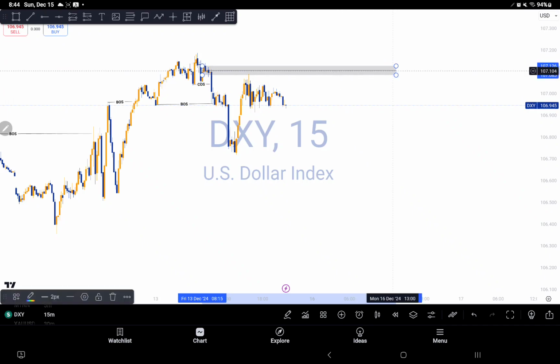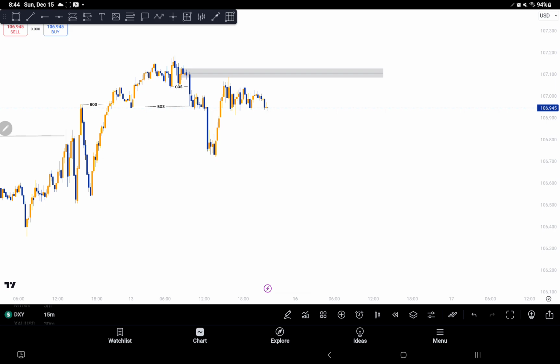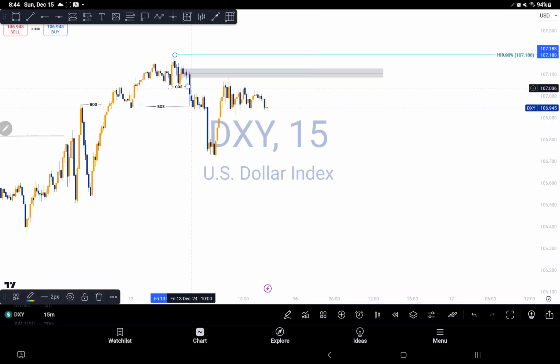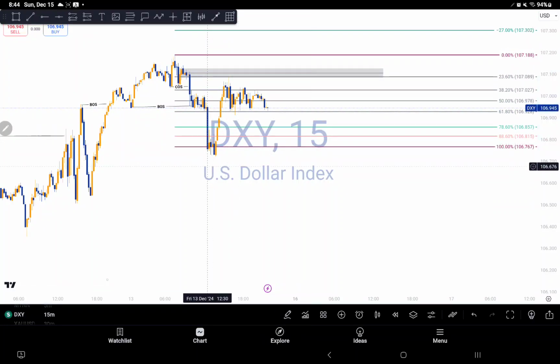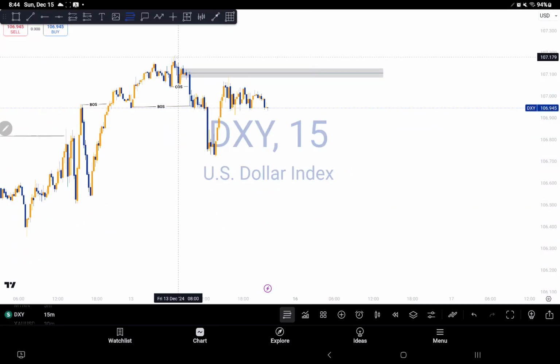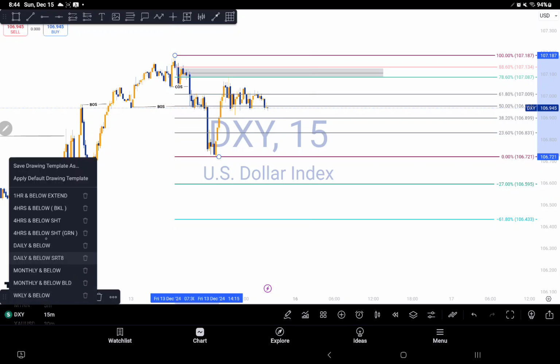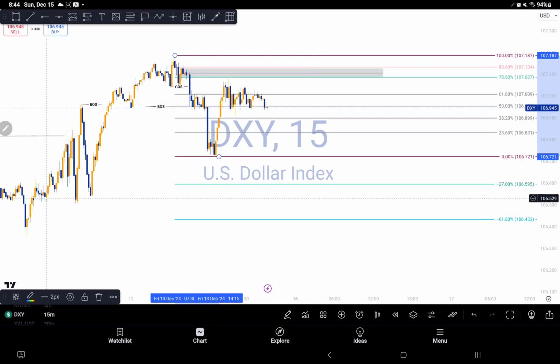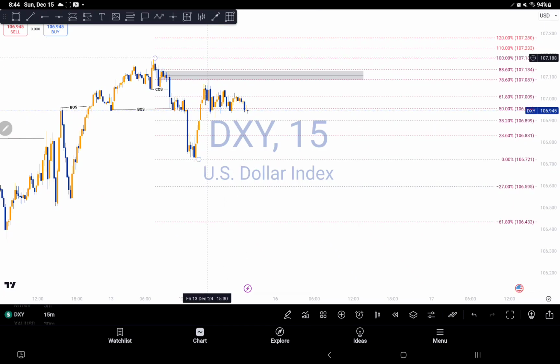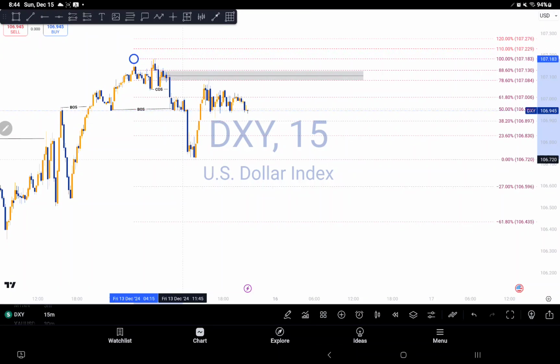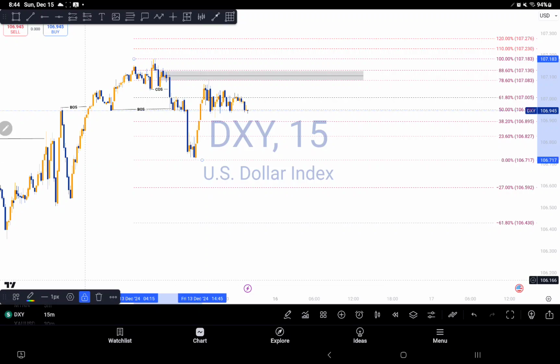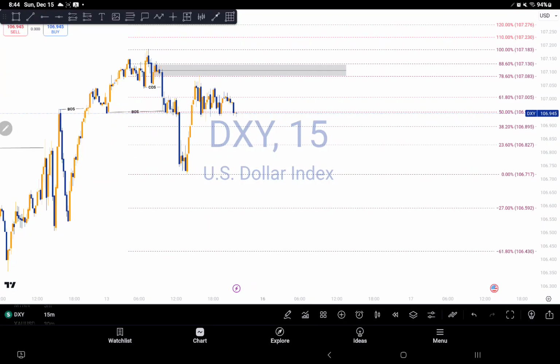this break right here. We can see if I use my fib from point A to point B, the market is currently mitigating around the 78.6% fib level.